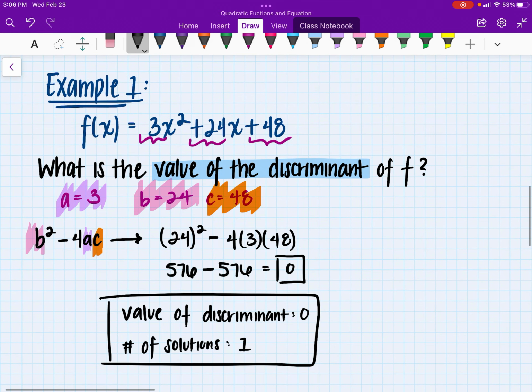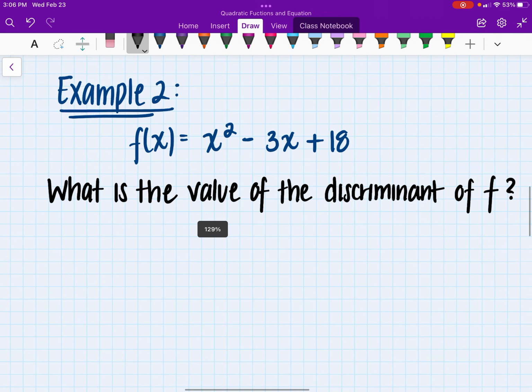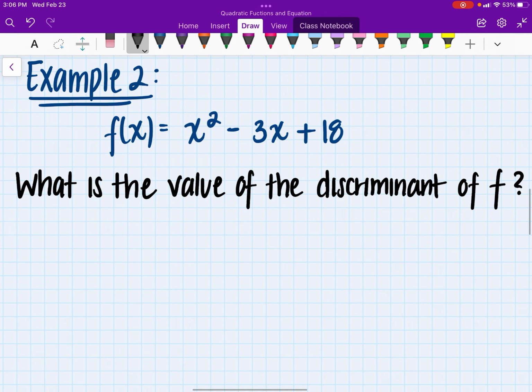All right. Now, let's go ahead and move on to the next one. And the next one, guys, we are going to be doing the same thing. We have f of x equals x squared minus 3x plus 18. And we want to go ahead and find, once again, the value of the discriminant. So first things first, guys, let's identify a, b, and c.